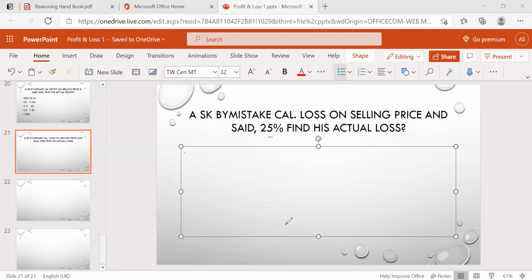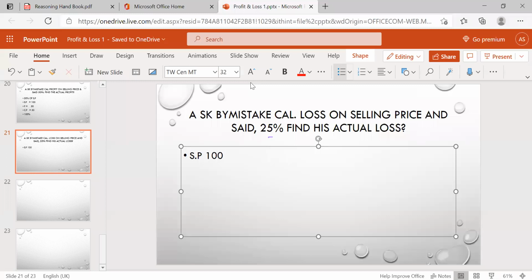33.33. How? Okay, we'll see. Think SP. He calculated on SP, right? So whichever one we calculate on, you have to assume it to be 100.